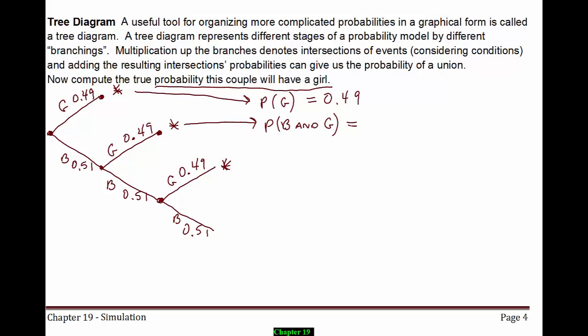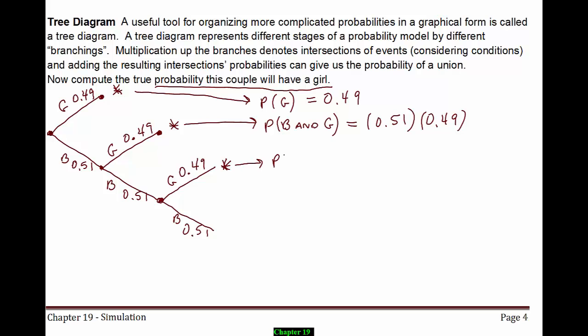Remember we said we could compute intersections by multiplying up the branch, multiplying all the way through that path. So this probability, when you're reading it from a tree diagram, is simply the probabilities that lead to the end of that path times each other. So 0.51 times 0.49.